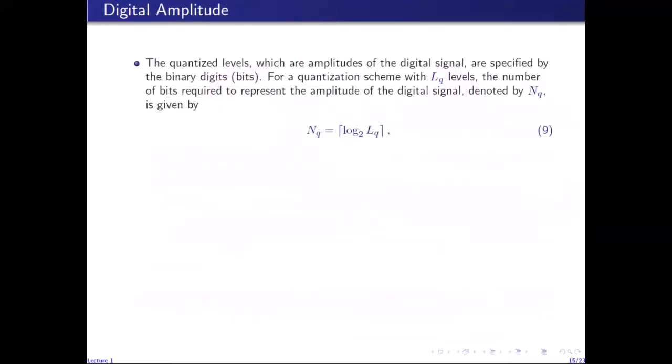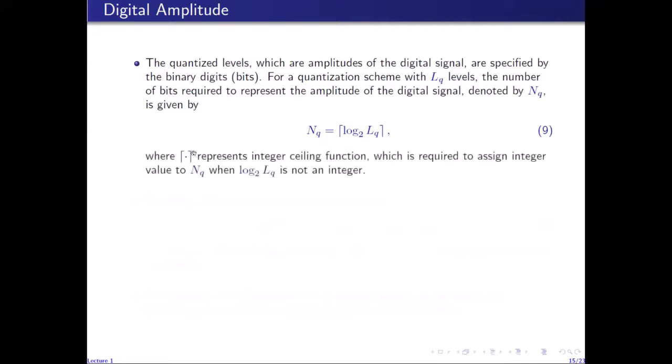The quantized levels, which are the amplitudes of the digital signal, are specified by binary digits, or bits. For a quantization scheme with LQ levels, the number of bits required to represent the amplitude of a digital signal, which I denote by NQ, is given by this expression, where this symbol represents the integer ceiling function.